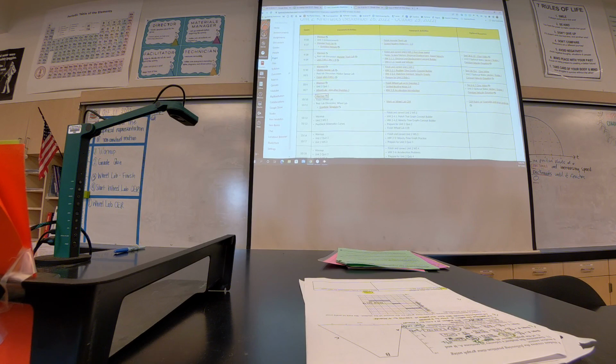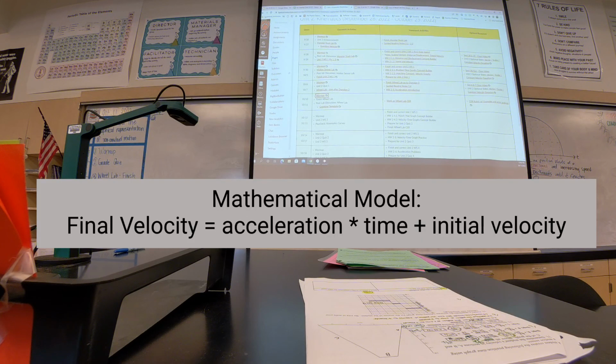How many of my groups actually kept their y-intercept? Did your 5% rule have you keep it? I have 1, 2, 3, 4. 4 groups out of 7 kept their y-intercept. So do you think we should add our initial velocity to this equation? Yes. So let's add initial velocity.